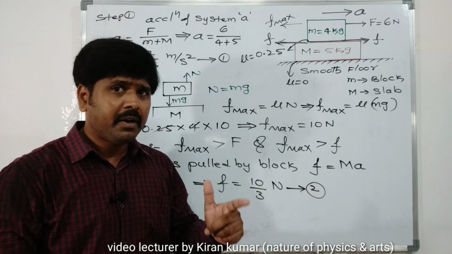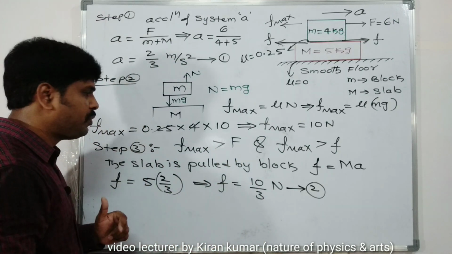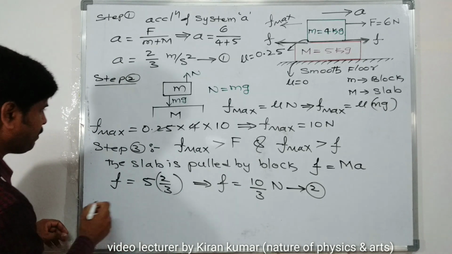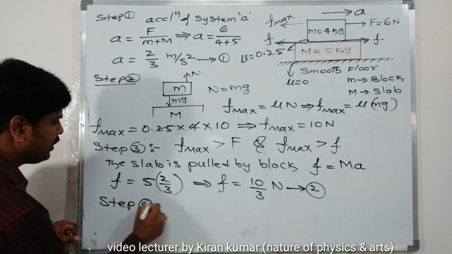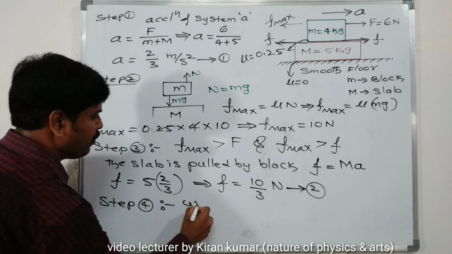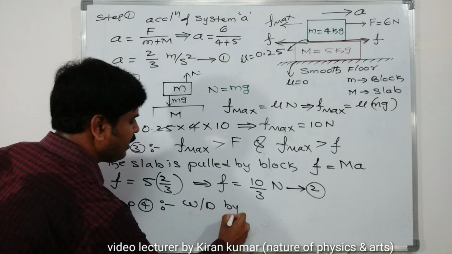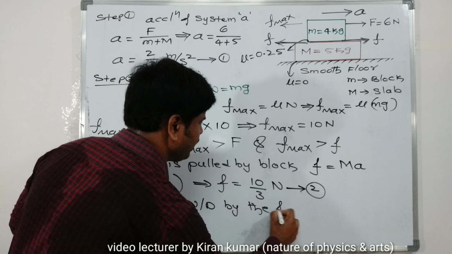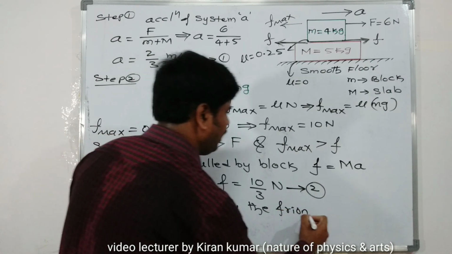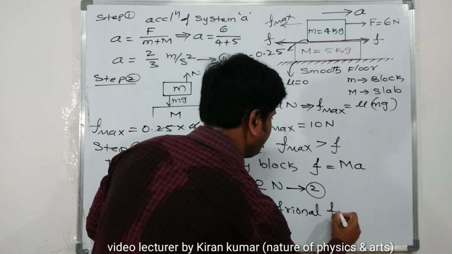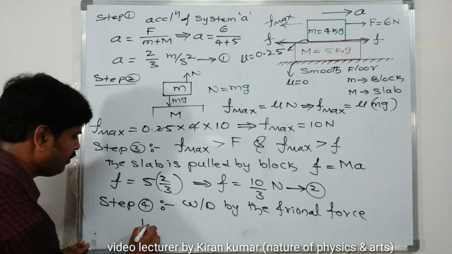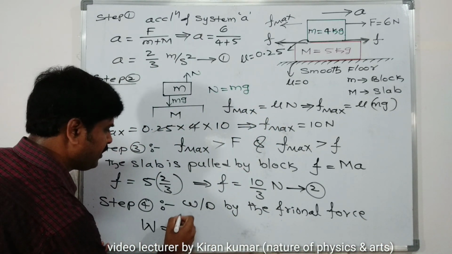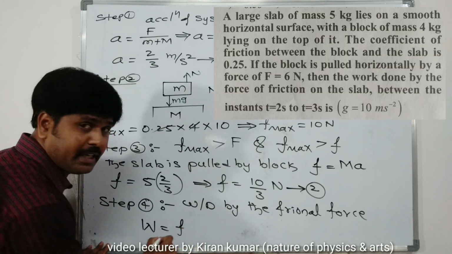Now the work done by the friction we have to find. So that is step 4. In step 4, the work done by the frictional force, I'm going to write W, which is equal to force into displacement.